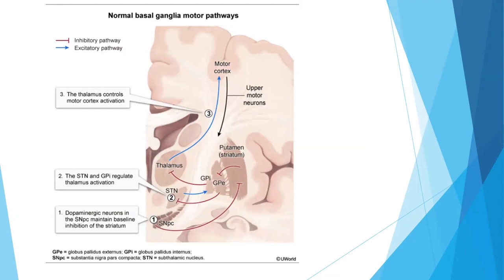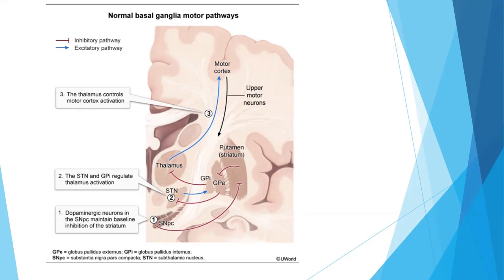If the striatum is inhibited, then it cannot inhibit the globus pallidus externus, whose function was to inhibit the globus pallidus internus. Also, the subthalamic nucleus has a stimulating effect on the globus pallidus internus.